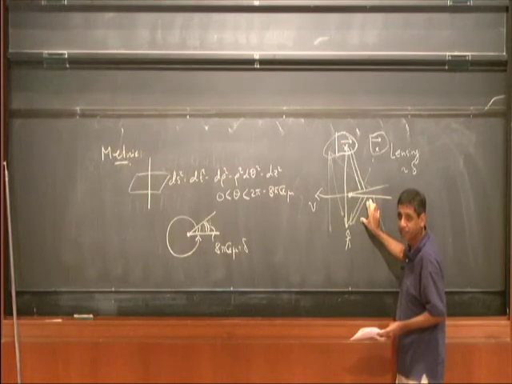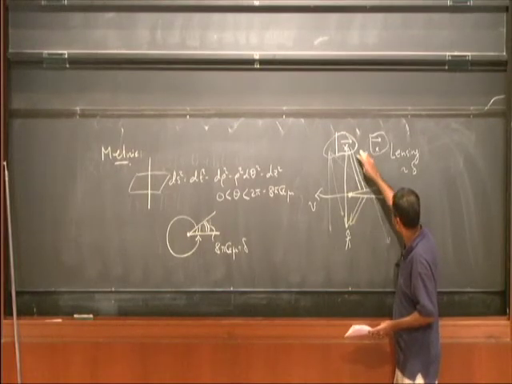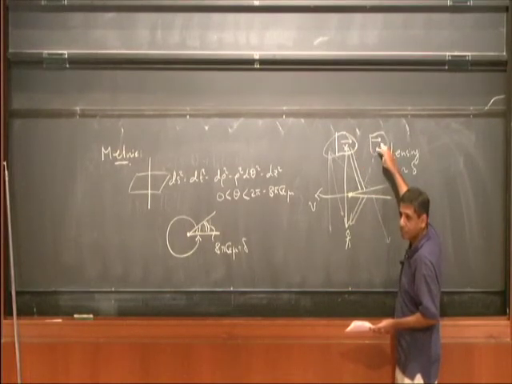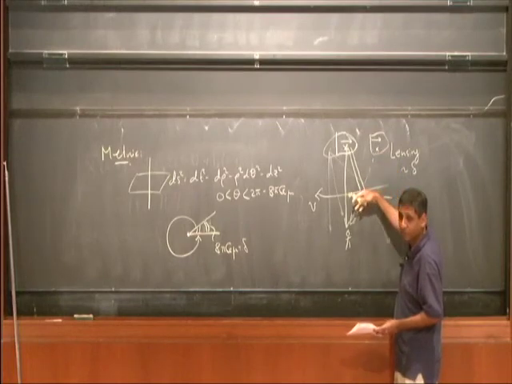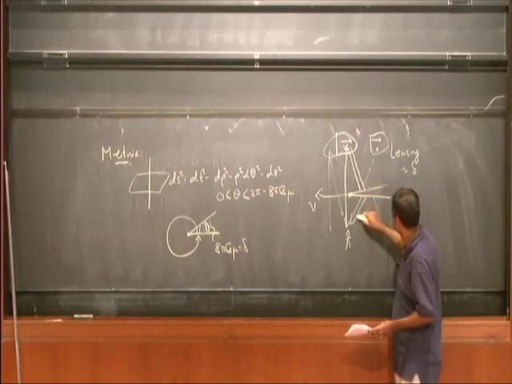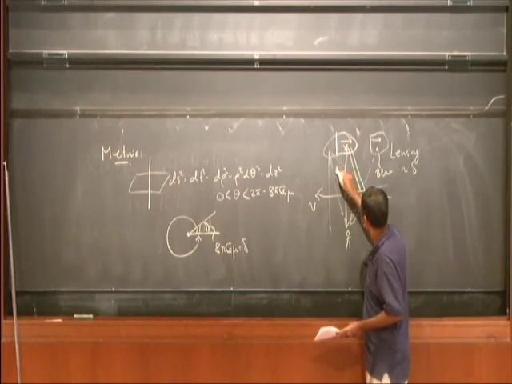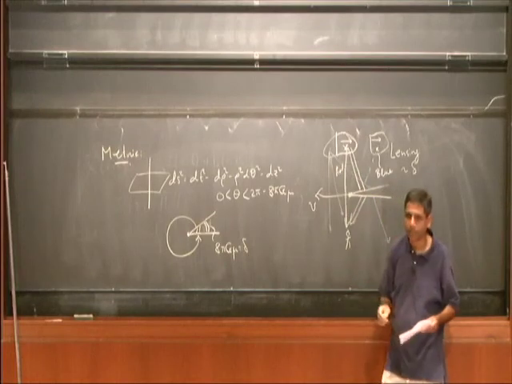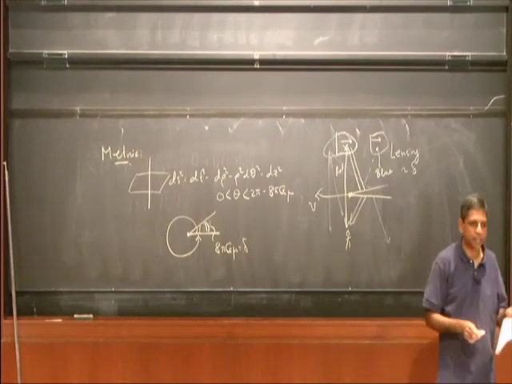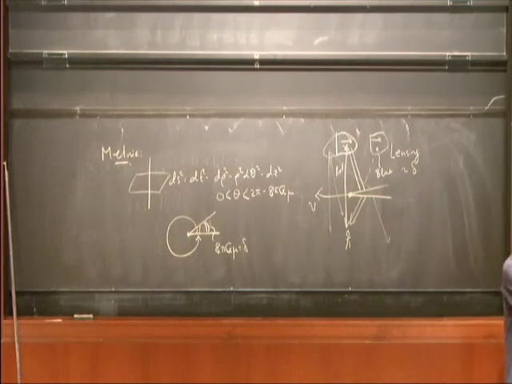Okay, do you see that? Which means that this image is as if it is approaching the observer. So this image will be blue compared to this image. This would be red. Okay? So what you expect to see is a slight difference in the temperature of the two images. One is Doppler shifted with respect to the other.